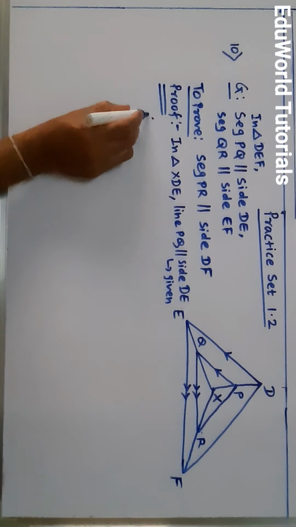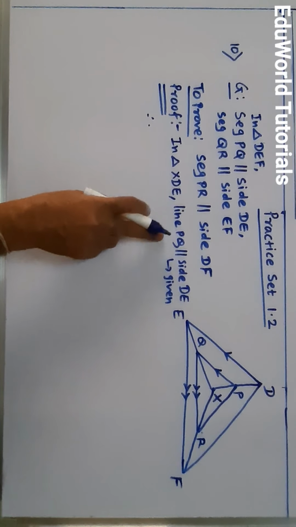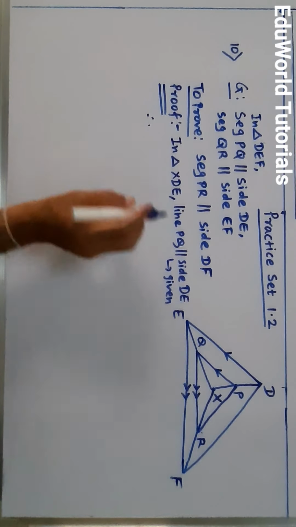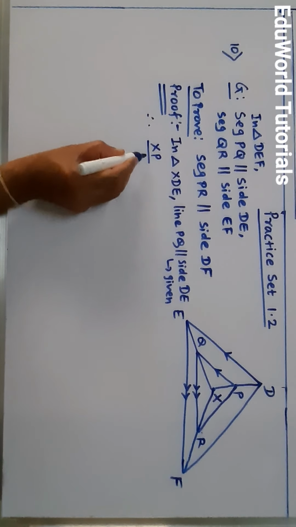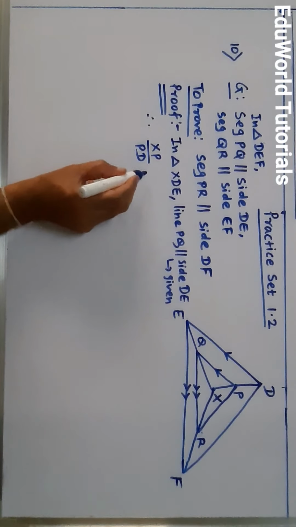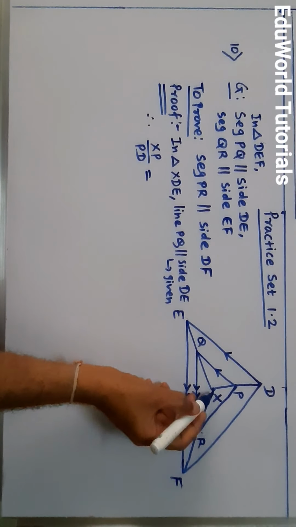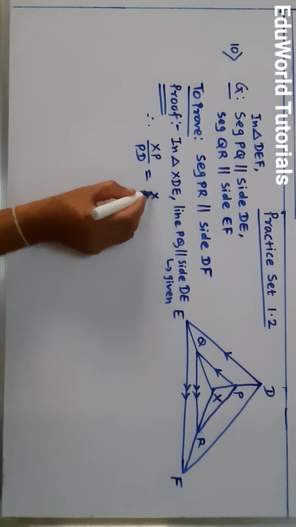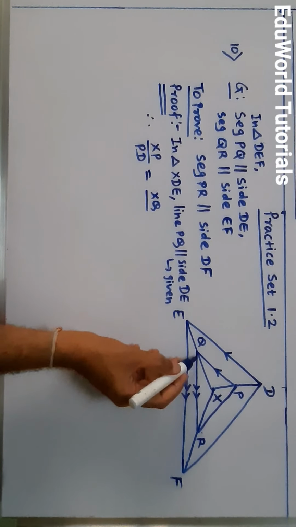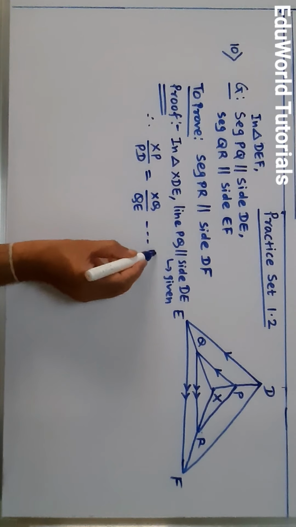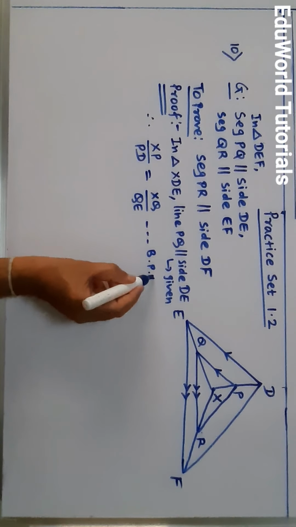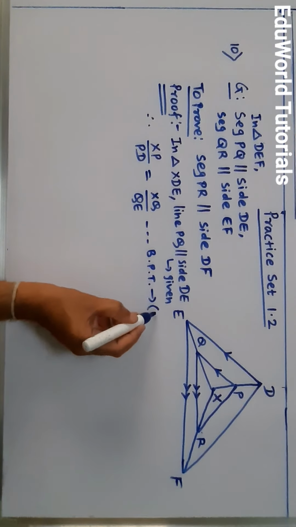Now because this satisfies the condition for BPT, we can write the ratio of segment XP to PD is equal to the ratio of segment XQ to segment QE. And what reason must we write? Basic proportionality theorem. In the exam, try to write the full form.